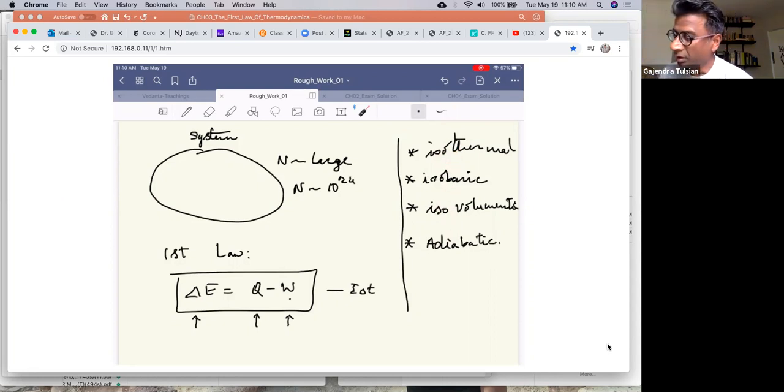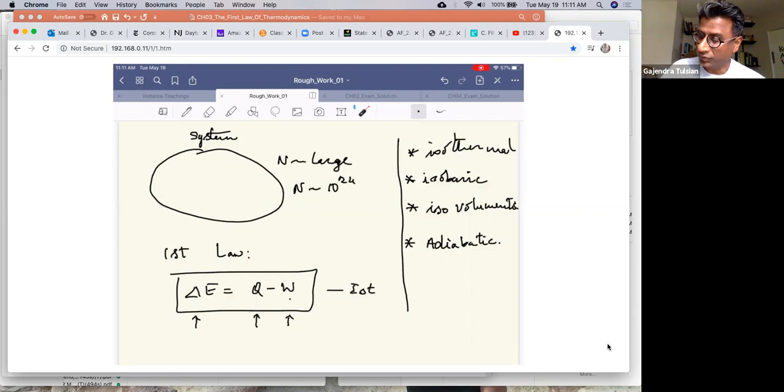For an isobaric process, the pressure remains constant. An isovolumetric process is where the volume is constant. And an adiabatic process is where you do not exchange any heat with the environment, so Q is 0. So that's the layout of the chapter.